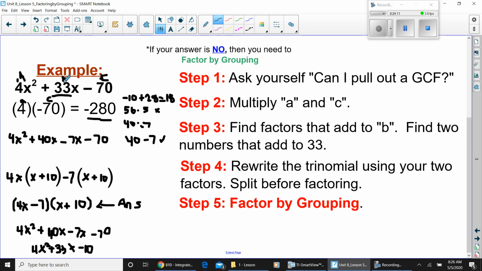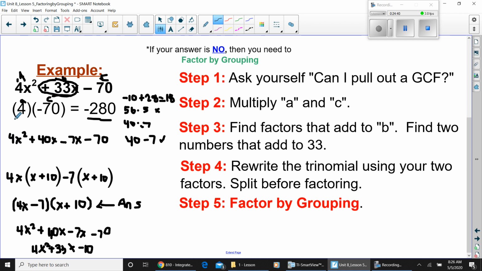Once I find that, and it's 40 minus 7 that equals 33, then you go ahead and you split. You write down your trinomial using those factors in the middle as B. So keep in mind, whatever factors you are splitting and writing in the middle, it has to equal that 33x, and it does.